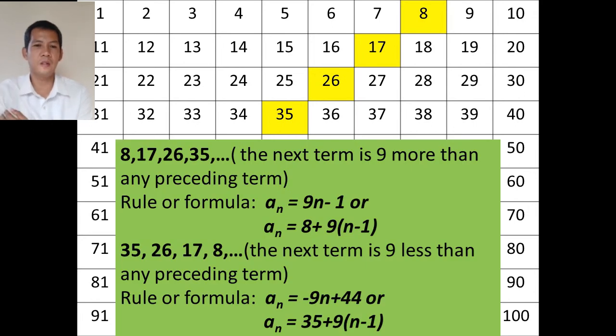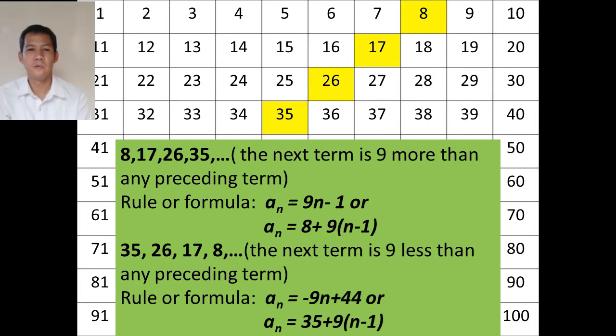If it is 8, 17, 26, 35, then the next term is obtained by adding 9 to any preceding term. How about if it is 35, 26, 17, 8? The next term is obtained by subtracting 9 from any preceding term.